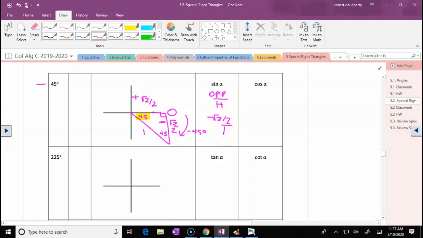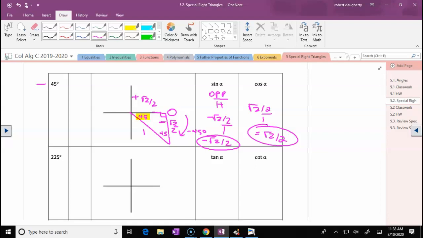What is that number? It's just negative root 2 over 2. What's the definition of cosine? Adjacent over hypotenuse. So that's root 2 over 2 over 1, which is just root 2 over 2. That's the cosine of that angle.